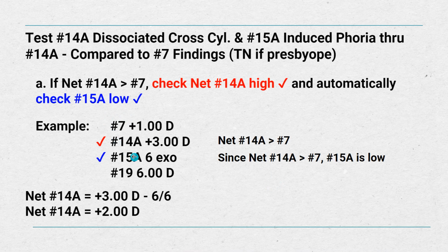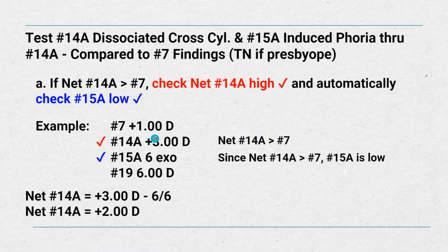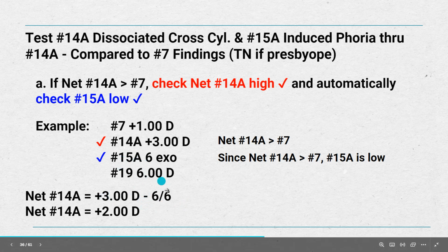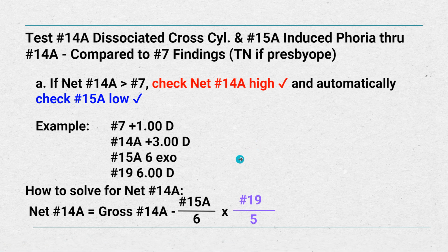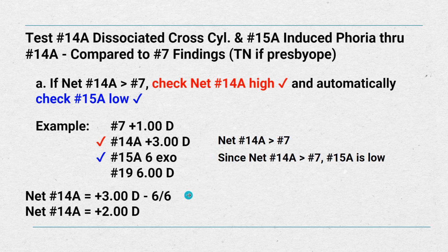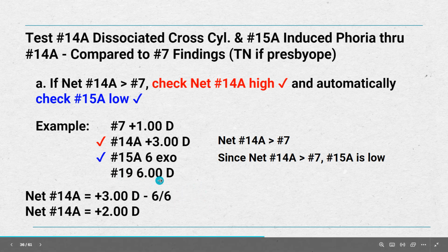For this example, we get the net number 14a by simply substituting: the gross 14a plus 3, minus 6 from the 15a, over 6. This is different from net number 5, which is divided by 8. For net number 14a you divide by 6. It is not multiplied by 19 over 5, because our number 19 finding is greater than 5.